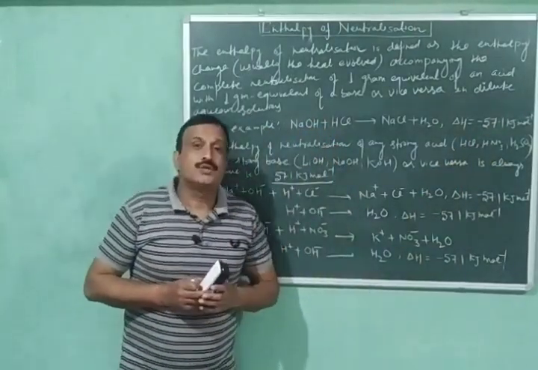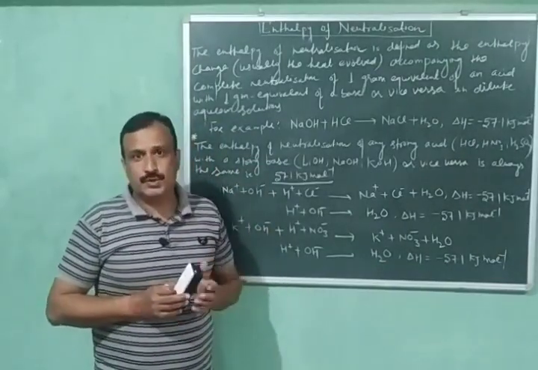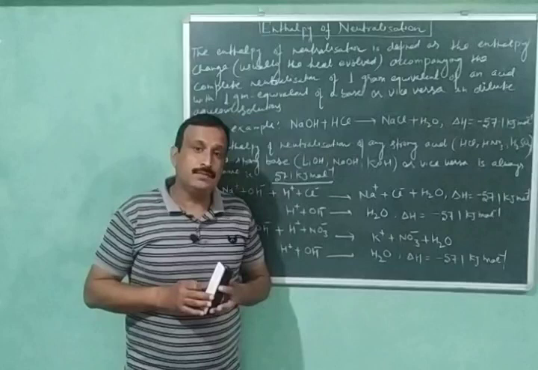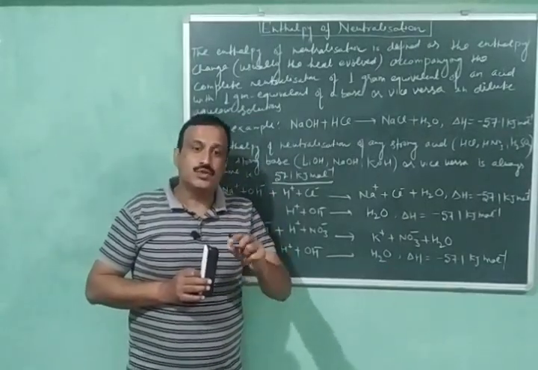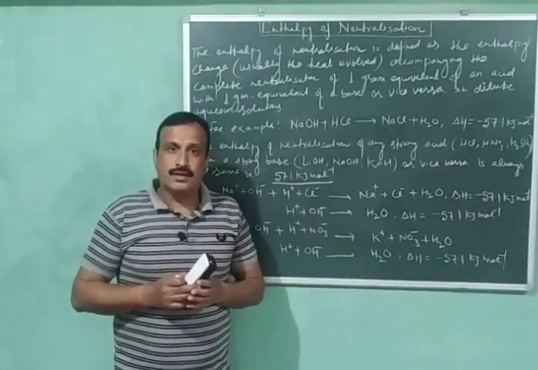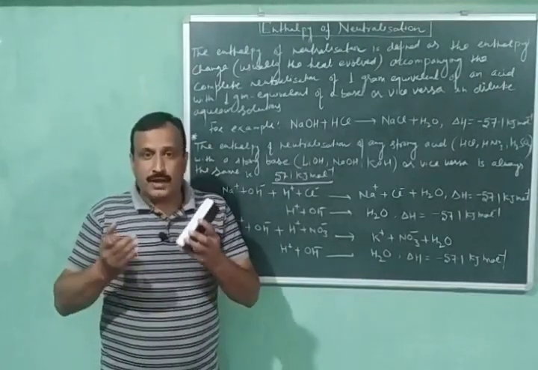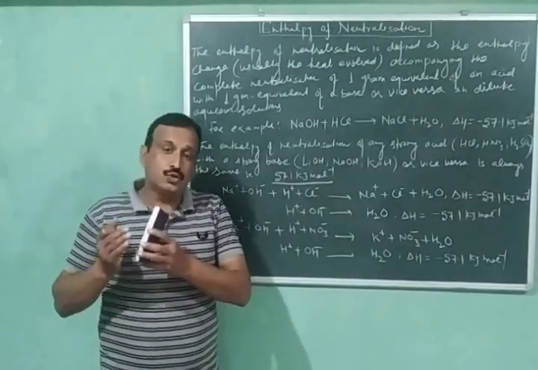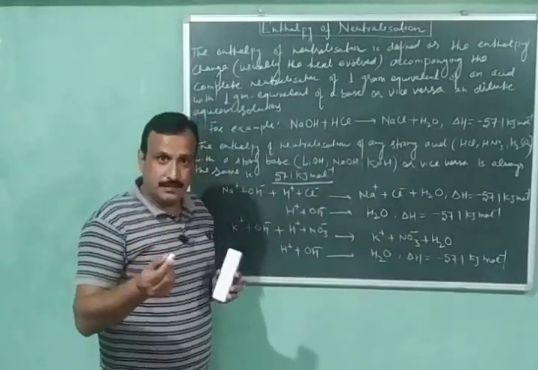And sometimes I ask my students what do you mean by a salt? And then they are unable to explain. So then I tell them that salts are the products of the acid base neutralization reaction. When acid and base react with one another, they neutralize each other and salts are formed. And salts are composed of two radicals. One radical is called the acidic radical.